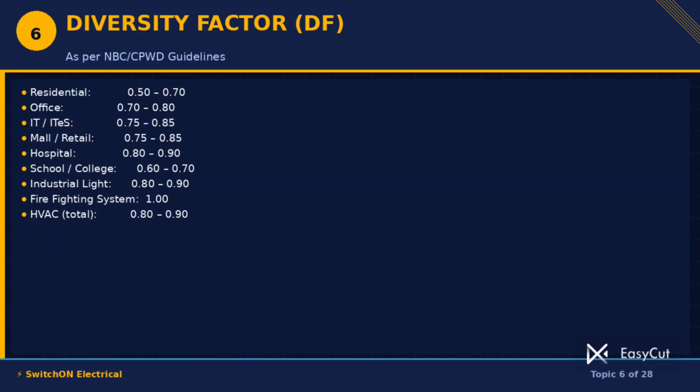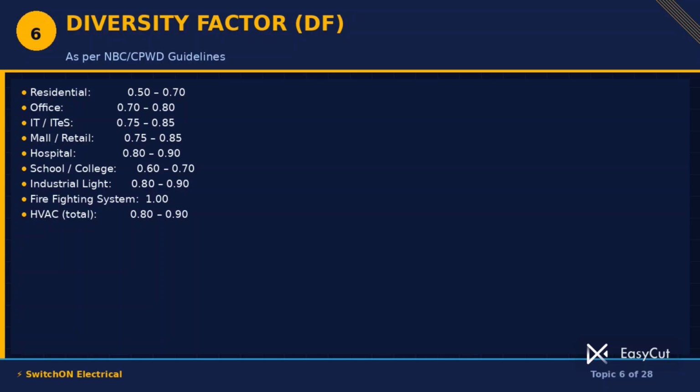You have to do it on demand load. And I said that it will be greater than 1. So if it is just 1, that means connected load is equal to demand load.